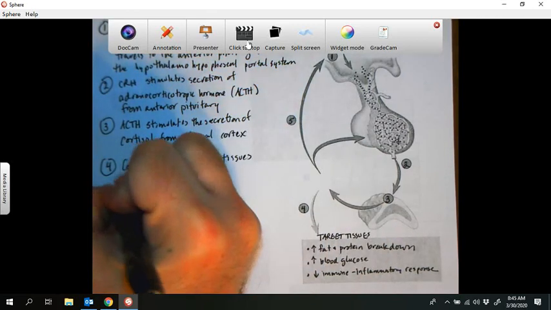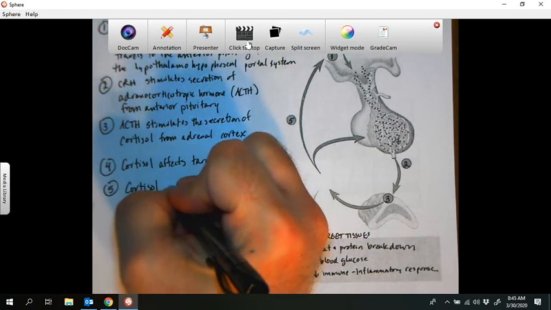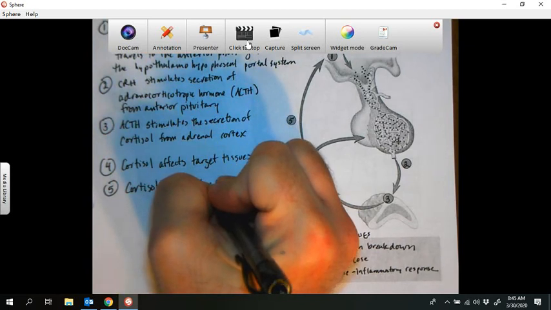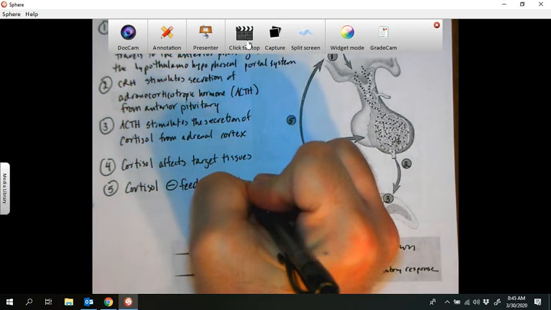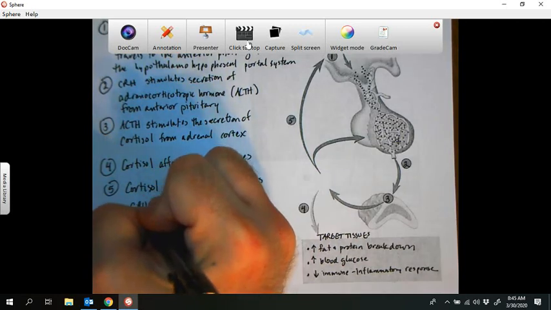And number 5, cortisol has a negative feedback where it inhibits corticotropin releasing hormone.